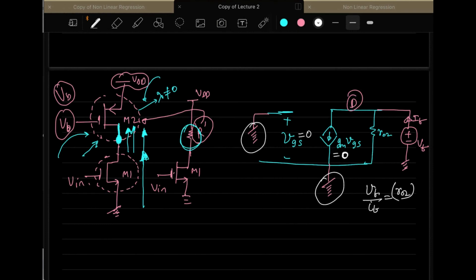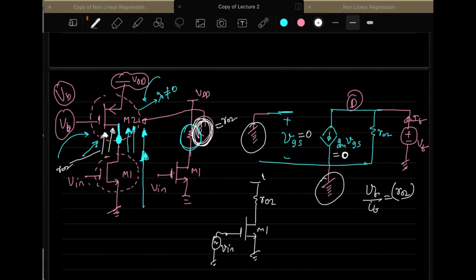So when you are looking from the drain terminal of this particular common source load, the resistance that you are seeing by looking from here to the top is RO2. So you can replace this resistance with RO2, and then the circuit becomes like this: the input, then you have M1, then you have VDD, and this you have already solved earlier.